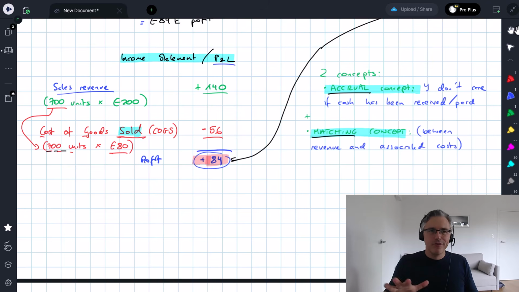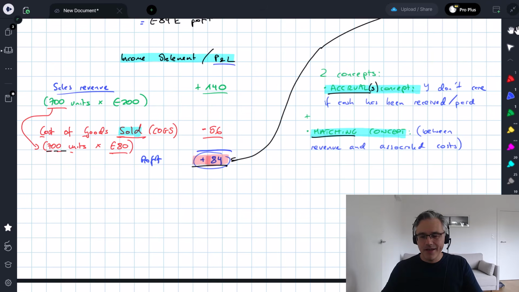Those two concepts, accruals and matching, distort the computation of profit from the point of view of what actually happens on our bank account balance. What happens to our cash is completely different than what the profit computation suggests.